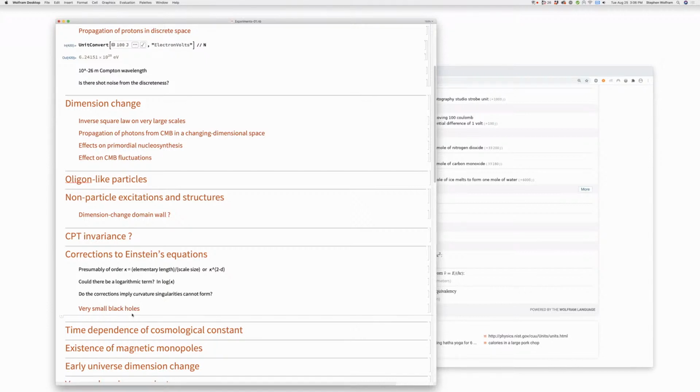Yes, close to having them. In the limit of zero size, that would be a naked singularity. But I can imagine that physically the naked singularity is never going to happen, but very small black holes might have been formed, and whether these corrections could have altered that.